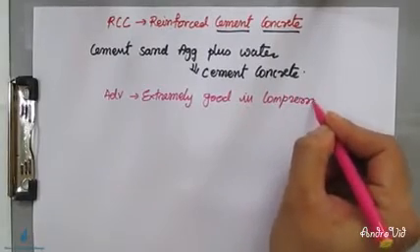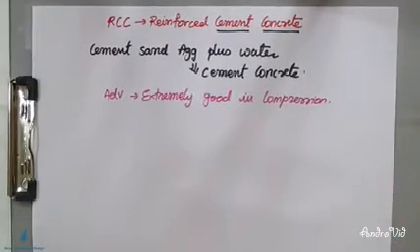You have seen this. For this we cast a cube of standard size and then we test it in the compression testing machine. If you want to watch the video of that particular CTM, I will share it in the description box. You can check out that video.